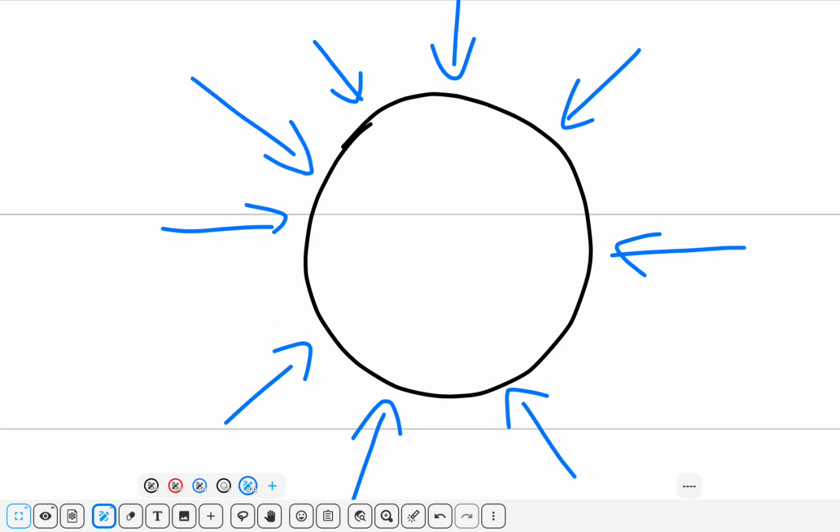Even if I slightly rotate it about the center, everything still stays the same.